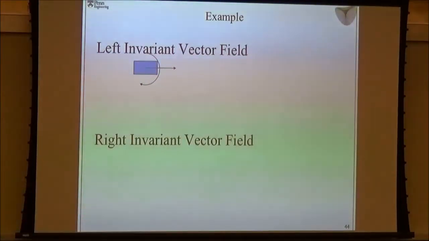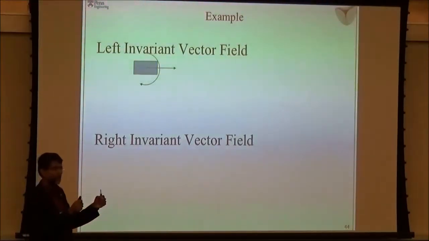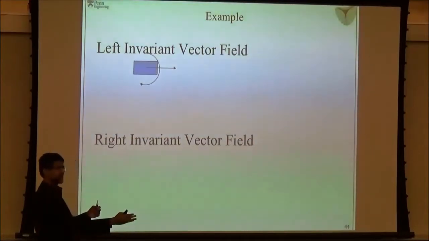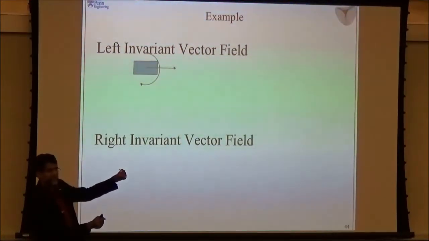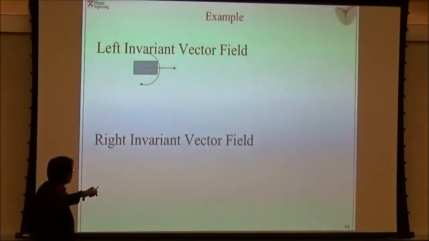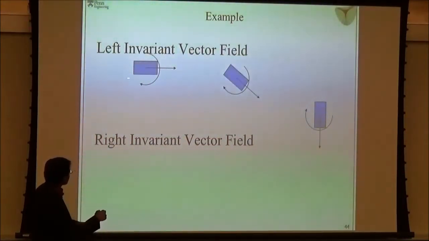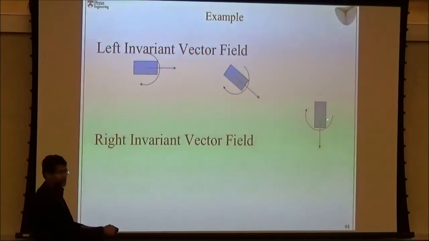So these are the speeds: unit speed in the front, unit speed going this way, unit angular velocity going that way. Now these are fixed to the rectangle. This is what you might imagine if you were driving a car and fixed the velocity on cruise control and fixed the steering angle.